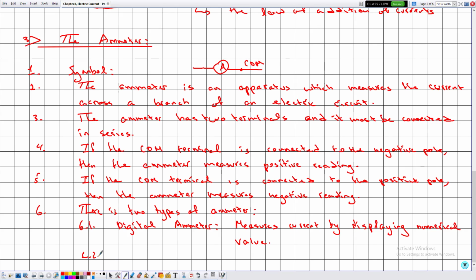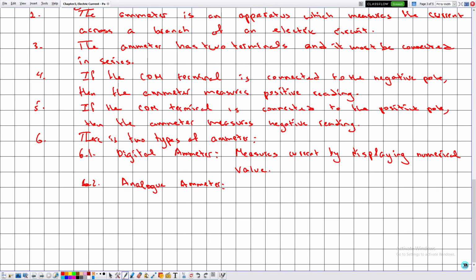And 6.2, there is the analog ammeter, which measures current by the deviation of the needle.